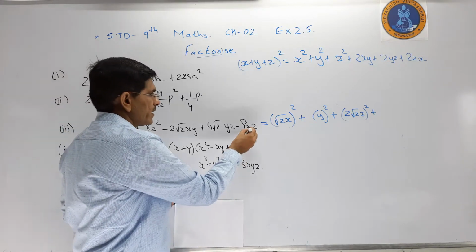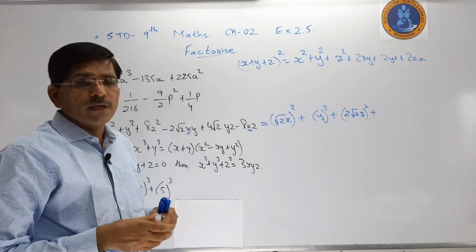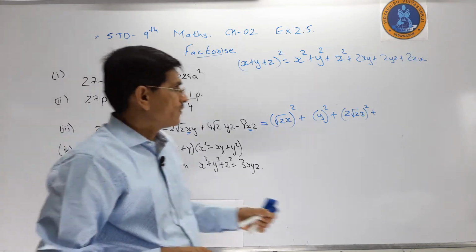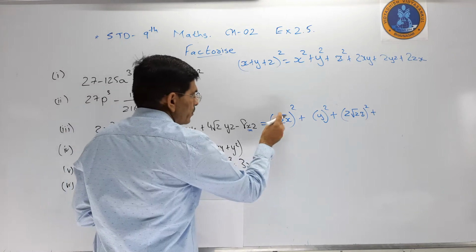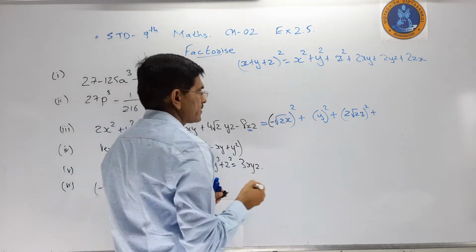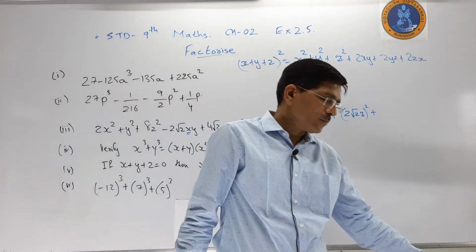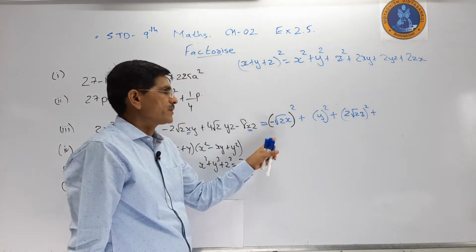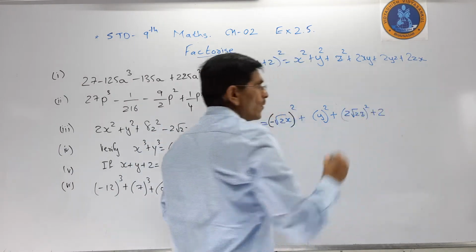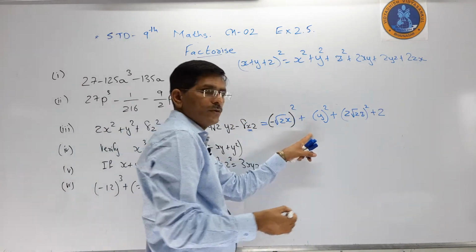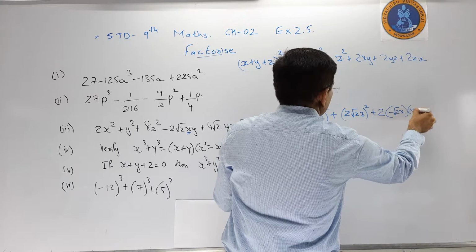When there is a common variable, we can take the negative sign of the common variable. Which is the common variable? x. So I put minus here, minus 2 root 2 x whole to square. Now 2 into what do I have to write? First term into second term, so minus 2 root 2 x into y.